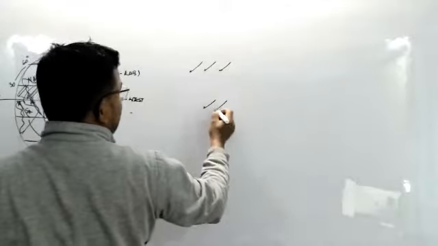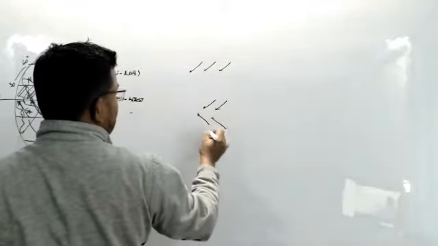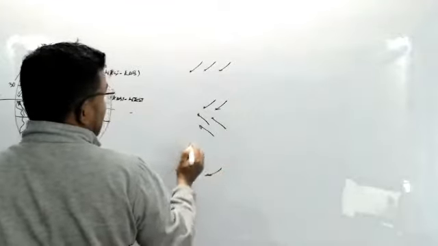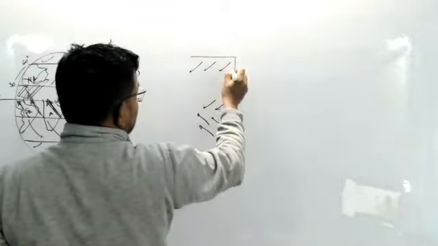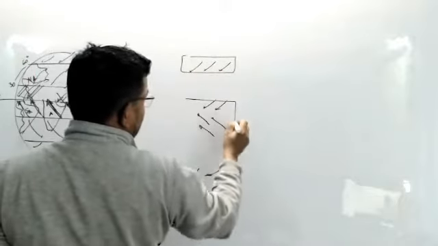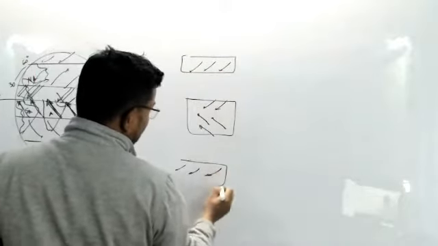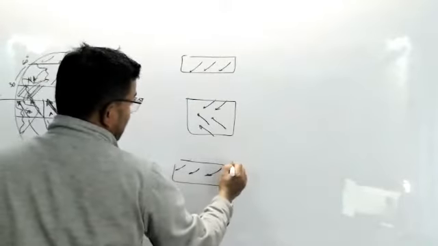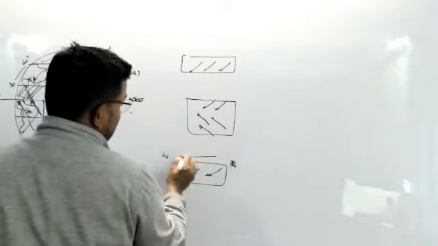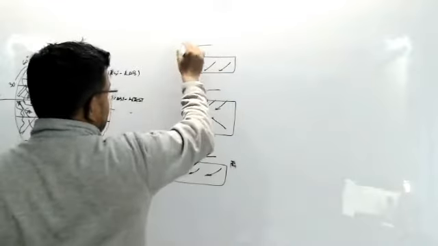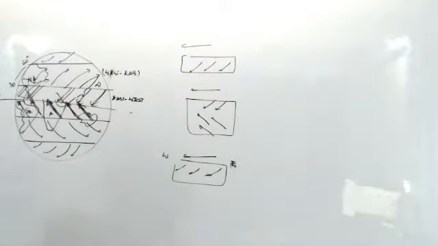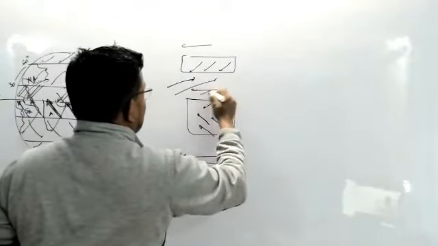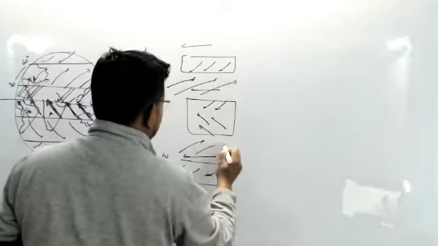The trade winds and the easterlies are all moving from east to west, except one wind that is going from west to east, that is called the westerlies.